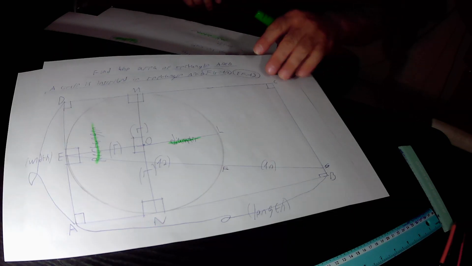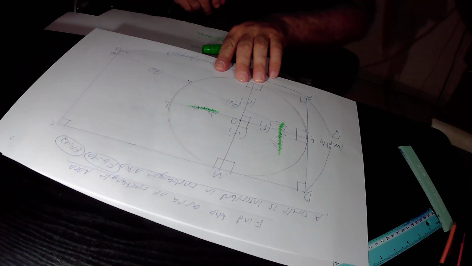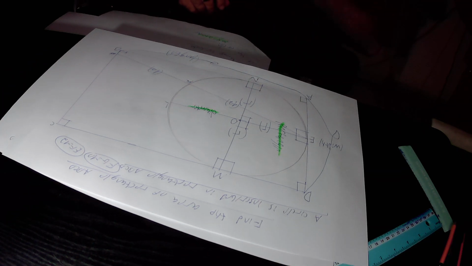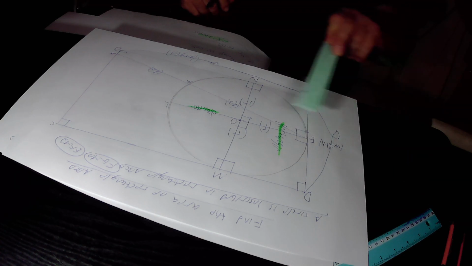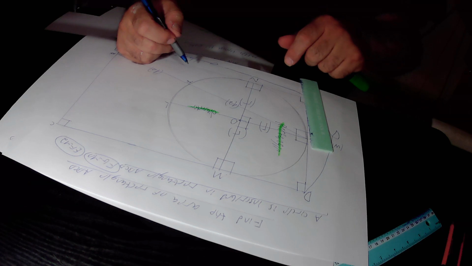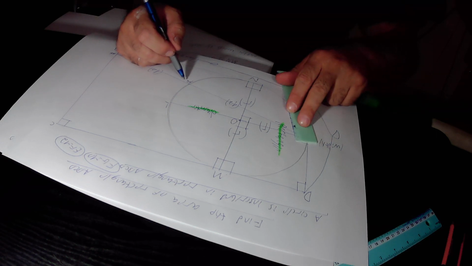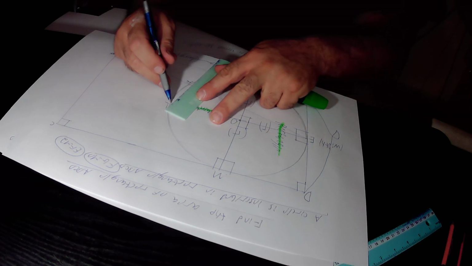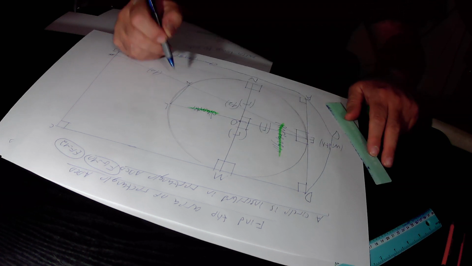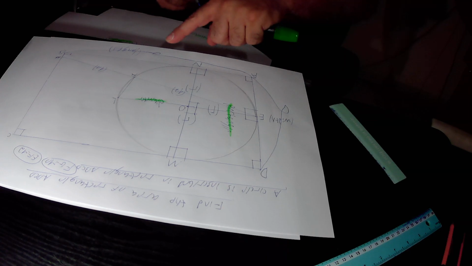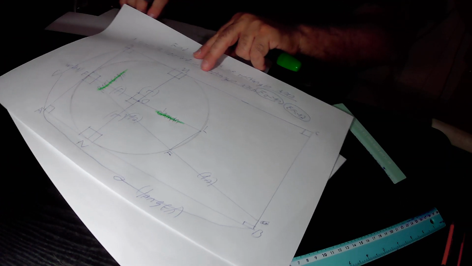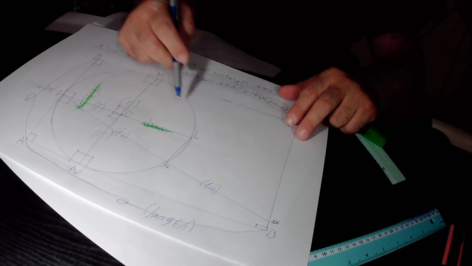In the next step, we will join points F and M together by a straight line. By joining points F and M, we created the peripheral angle EFL.